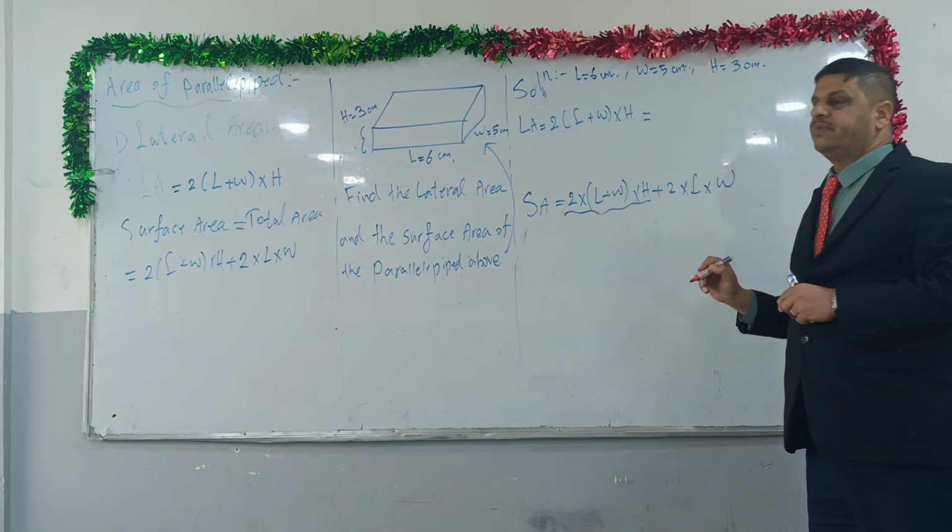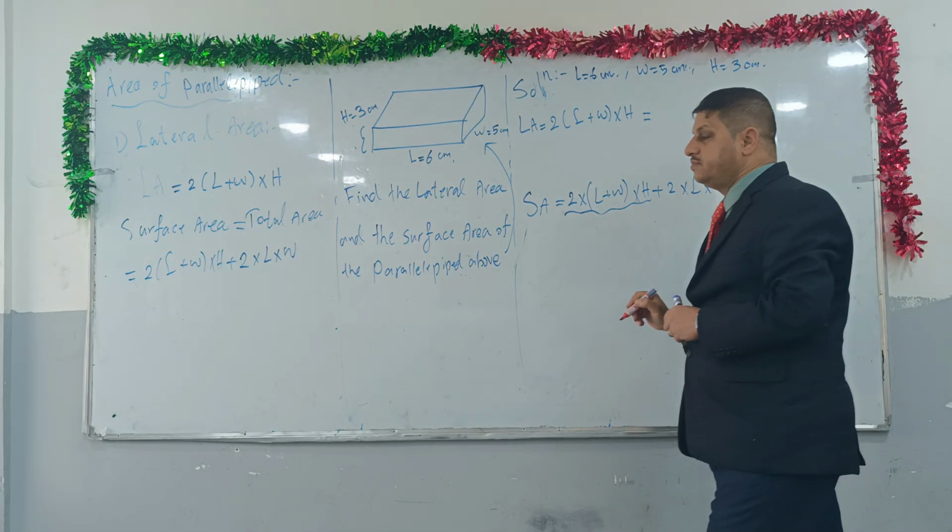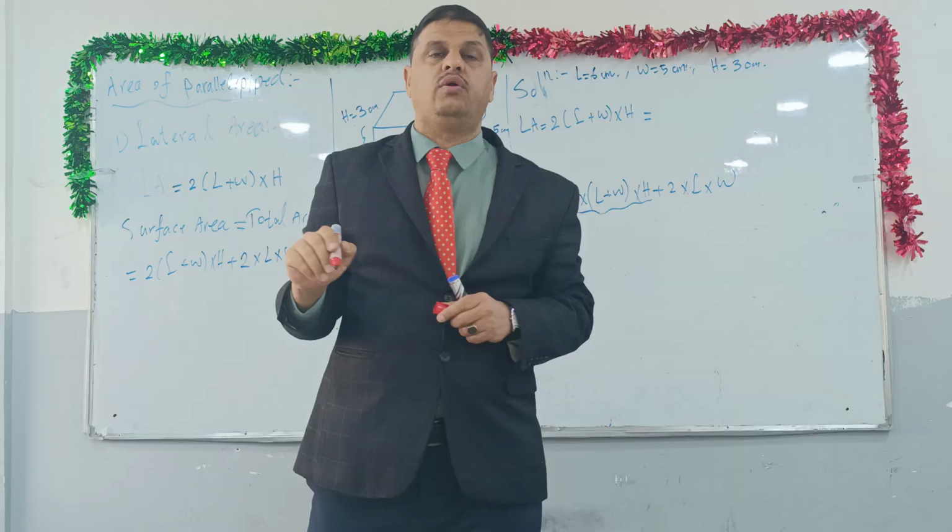Now, lateral area equals 2 times (L plus width) times height.